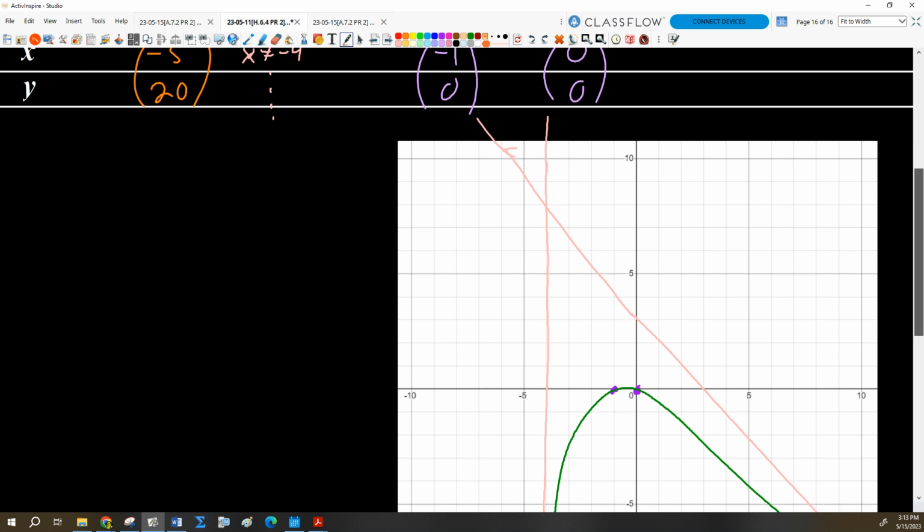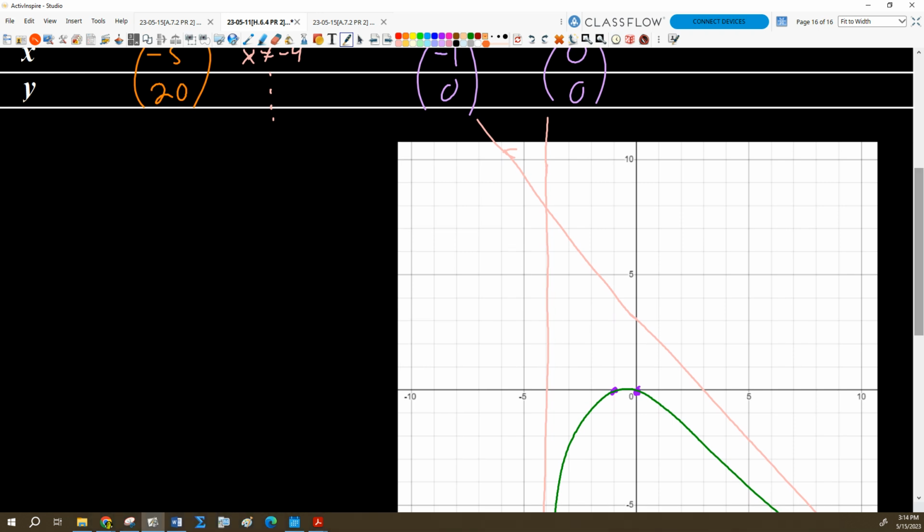Well, negative 5, 20 is way up there somewhere, isn't it? Everybody see that? So what's this thing doing? Well, we can't even see it because it's off the graph, but it's doing something like that up there. It's going to stick to this asymptote vertically, so it's doing something like that. Okay? Does that make sense? You guys good with this?